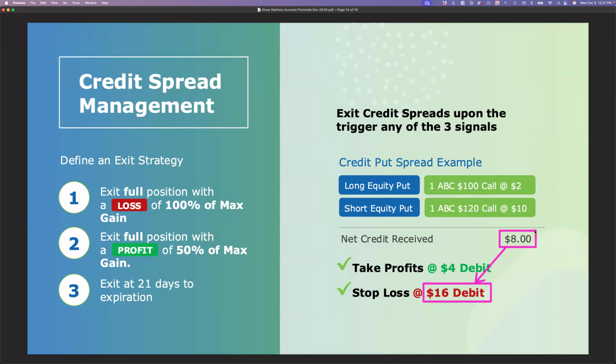You could potentially lose up to, in this particular case, $12, because the maximum loss on a $20 wide credit spread minus the $8 is $12. But we don't want to lose $12 if we can cut our losses at $8. That's the goal of the stop loss order, because once you've lost $8 on a credit spread, your chances of losing the full 12 is pretty high.